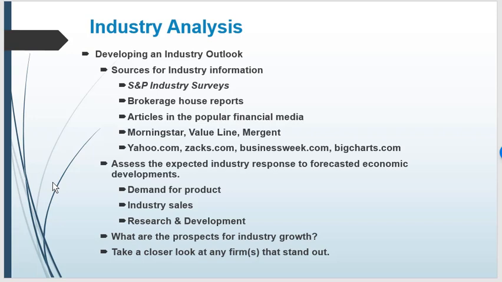So again, what we're looking for are the prospects for the industry and industry growth given the forecast of economic activity. That will then lead us to be able to identify certain industries that we want to focus on over the next year or two with respect to our investment plans.